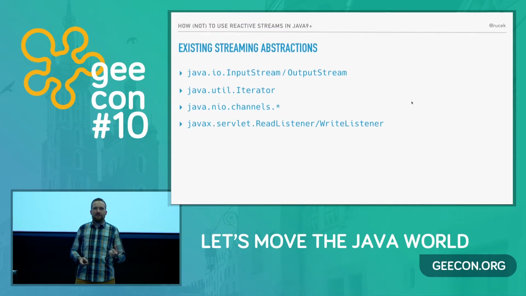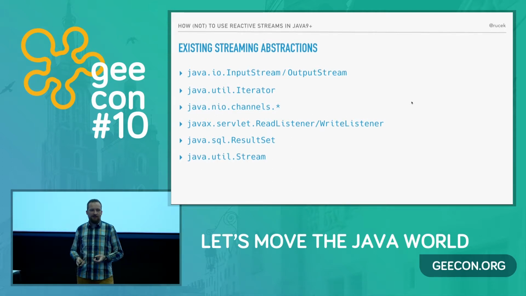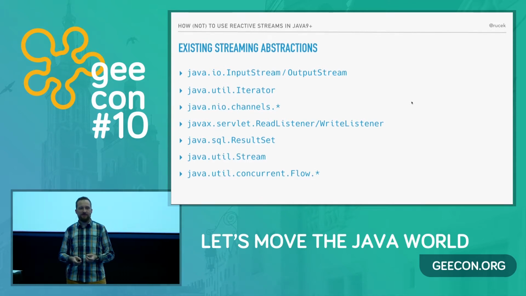In the new servlet specification, which is servlet 3.1, if I remember correctly, we have streaming read and write listeners. There is a SQL result set, which also usually is based on a cursor in the database, so this is also a kind of streaming behavior. There are java.util streams starting from Java 8. And of course, in Java 9, the reactive interfaces have been brought into the JDK as the flow interfaces.